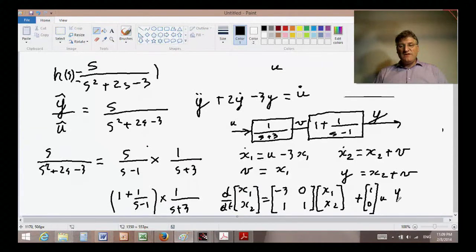Y being equal to x2 plus v, or x1 plus x2, therefore [1, 1] times [x1; x2]. Therefore, once again, a representation of the system where only u and not its derivative does appear.